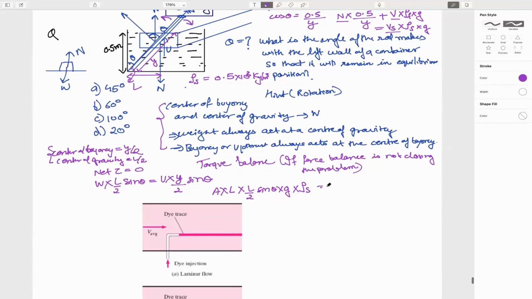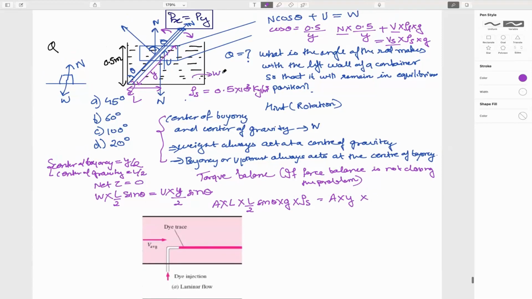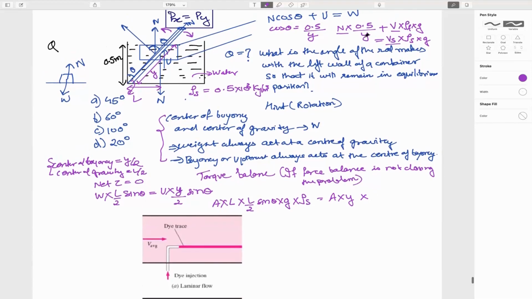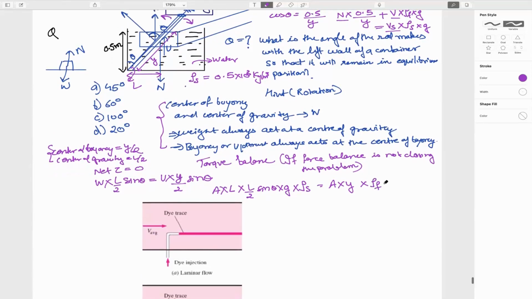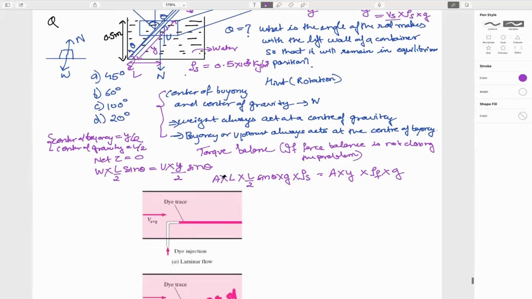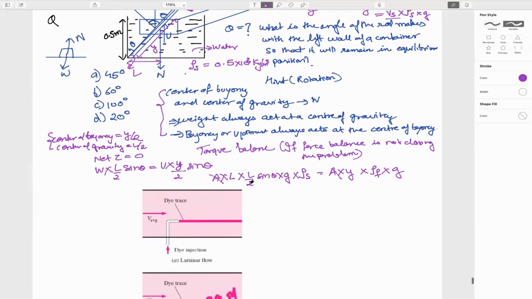The volume displaced is A into y into rho f, and it is given, it is water. Both densities are given. So that is water, rho fluid into g. So A will cancel out, L sin theta will cancel out.